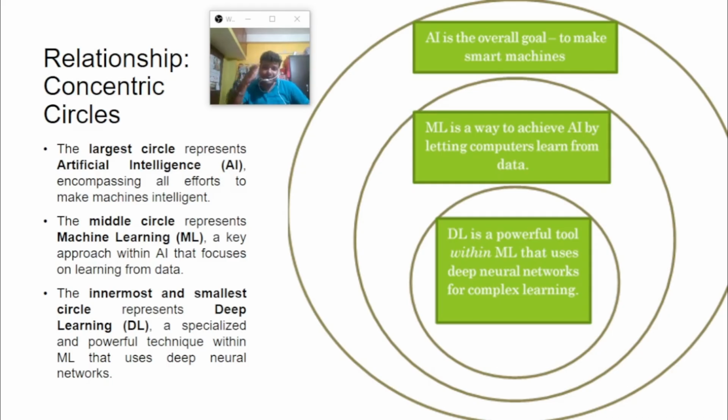And the inner circle is DL, a powerful tool within ML that uses deep neural networks for complex learning. This is the interconnection between AI, ML and DL.